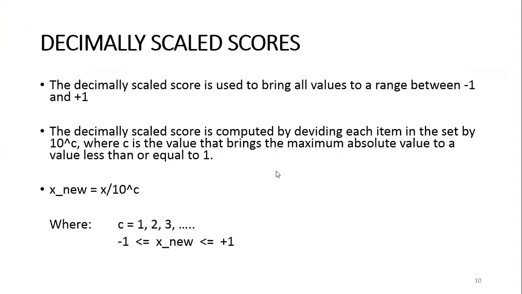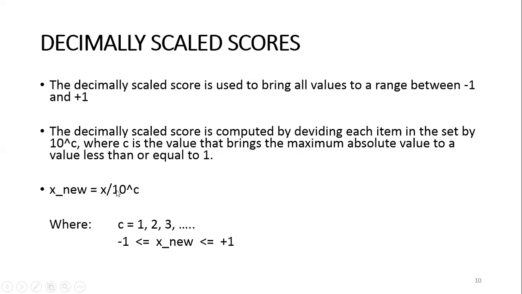Now, when you do decimally scaled scores transformation, it will convert the values so that all the values will range between -1 and +1. That is to say, if you have negative numbers, that's where you have minus. In our own case now, we're not going to have minus, but no value will exceed +1.